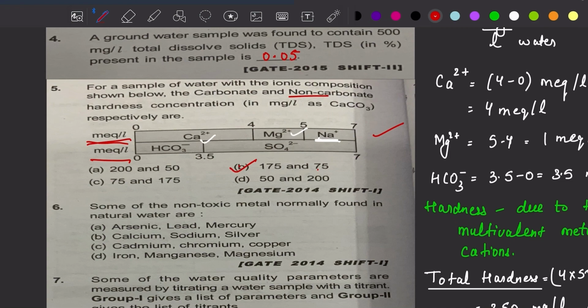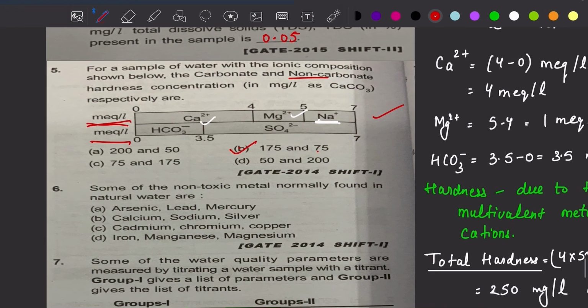Okay, let us see the next question, which is question number 6. Some of the non-toxic metals normally found in natural water are. Now we need to know what types of metals are toxic and what types of metals are non-toxic in the water. There are some options like arsenic, lead, mercury, calcium, cadmium, sodium, silver, chromium, copper, iron, manganese, magnesium.